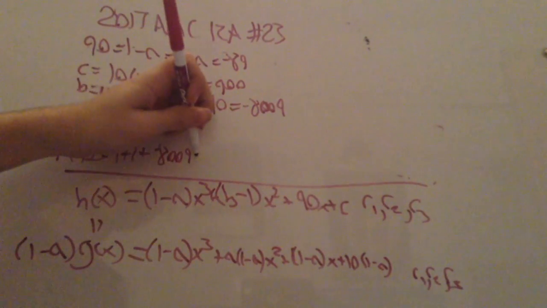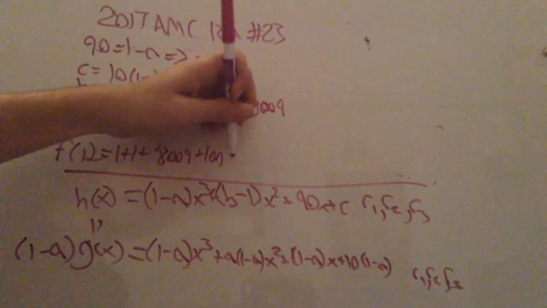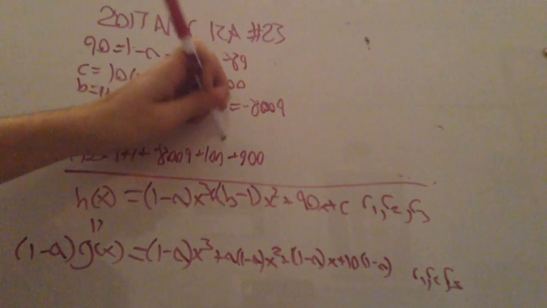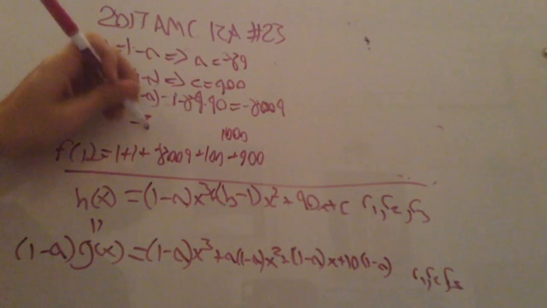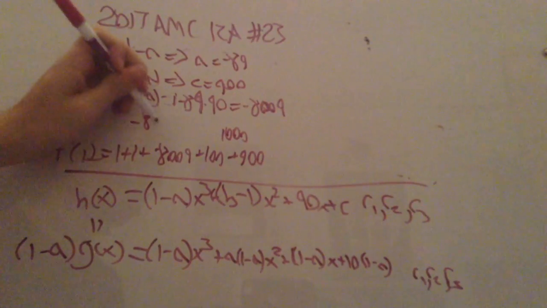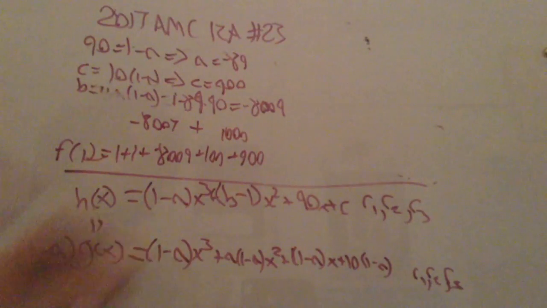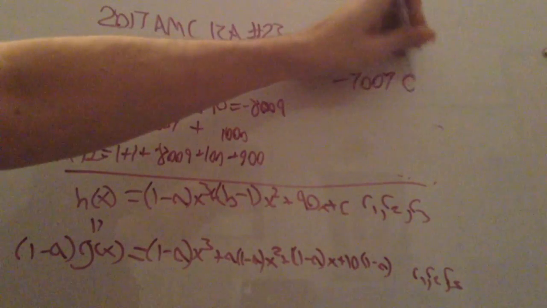Plus 100 times 1, this is 100. Plus c is 900. So 100 and 900 add up to 1,000, and negative 8,009 and 1 is negative 8,008. If we add these together, we get a final answer of negative 7,007, which is C.